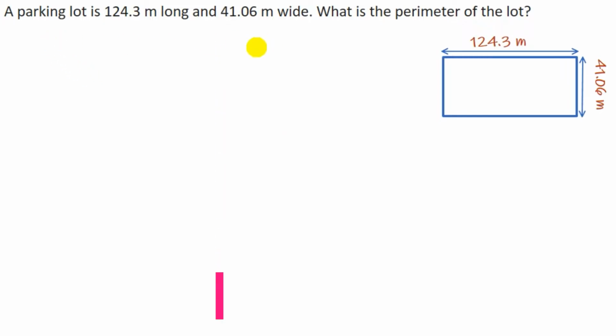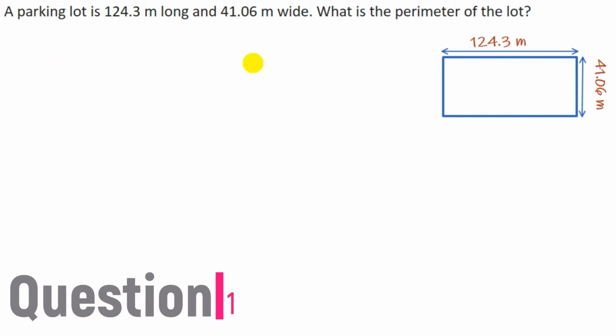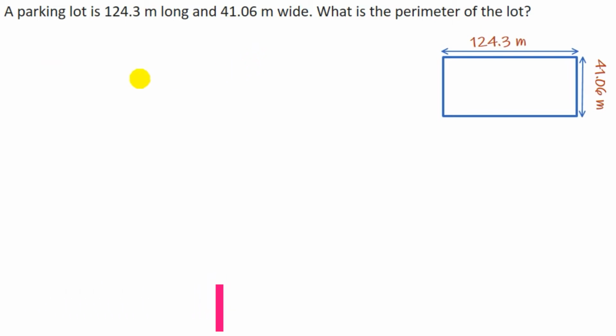This is our first question, which is based on significant figures. We are given that a parking lot is 124.3 meter long and 41.06 meter wide. We need to find the perimeter of the lot. The perimeter of a parking lot is the summation of the lengths of its four sides, so you have to add all these sides.